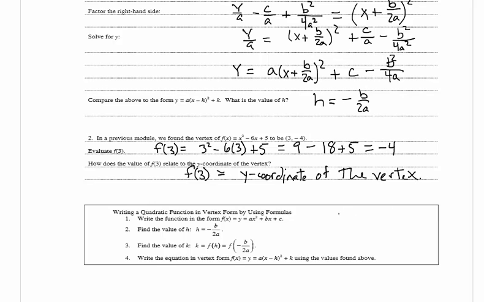So if we want to find the x value of the vertex and we're in the form y is equal to ax squared plus bx plus c, we could use negative b over 2a to find the x value, and then we can plug that x value into our equation and find the y value for the vertex. And that's all for this video on deriving the formula used to write a quadratic function in vertex form.